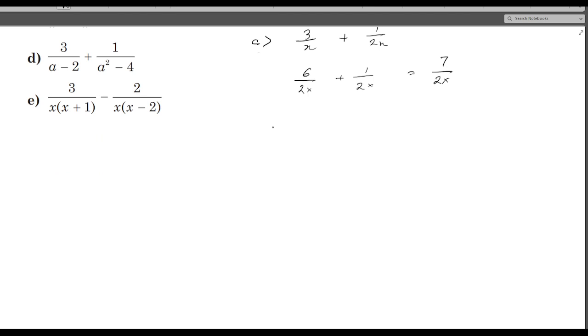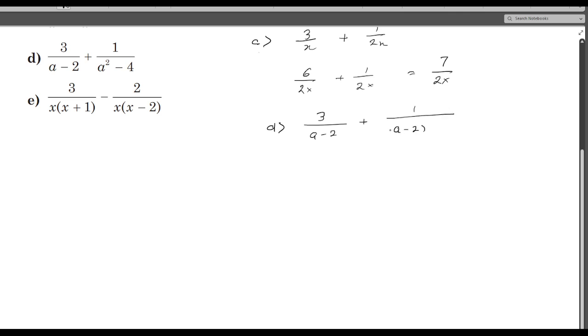D is, what we do, this 3 divided by a minus 2, and this is plus 1 divided by a square minus 4. If you observe carefully, it is a minus 2 times a plus 2. It is of the form of a square minus b square.